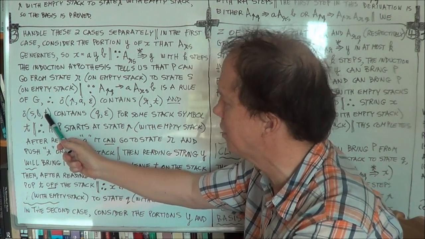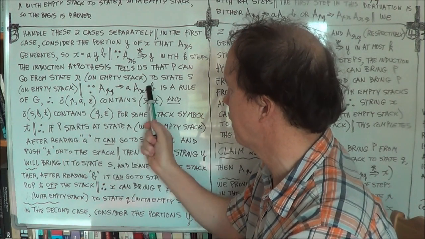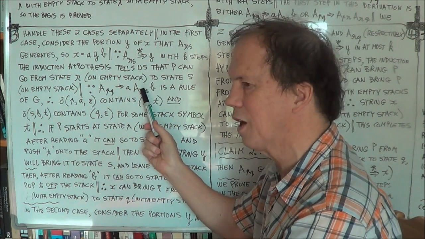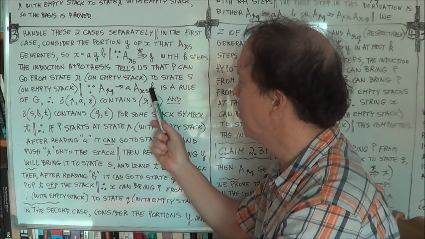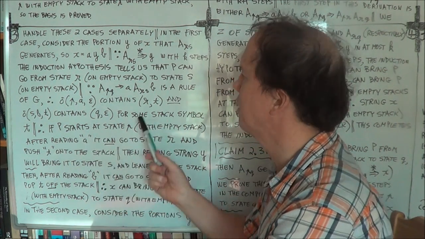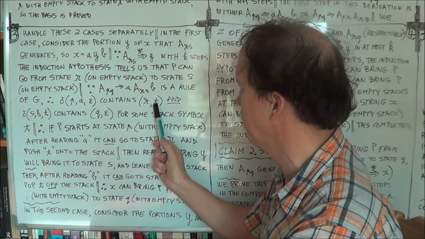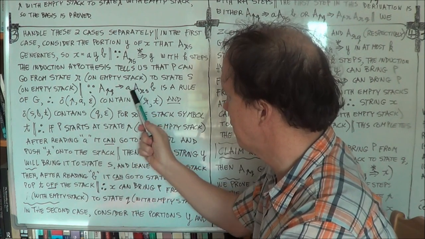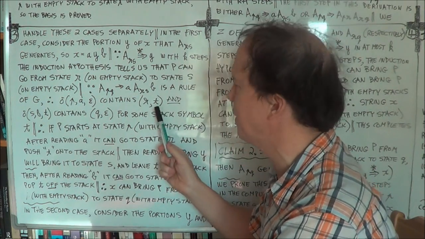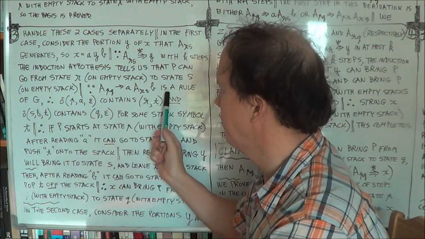Yes, it does have a T on it, because this doesn't change the stack: it can go from an empty stack to an empty stack, or whatever is on the stack doesn't change. So when we started here we put a T on the stack, and it ends with the same contents, T at the top.